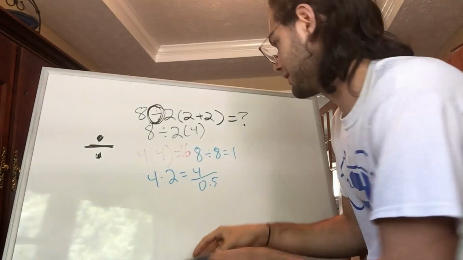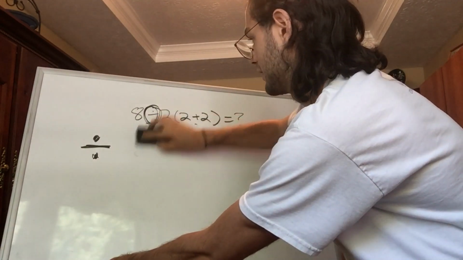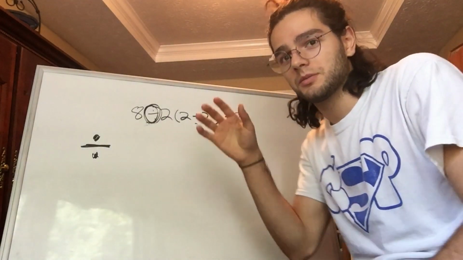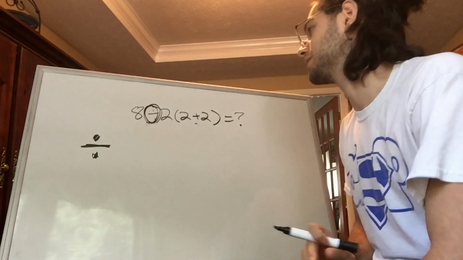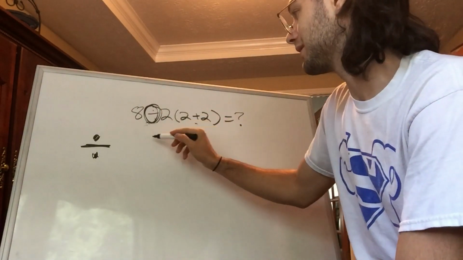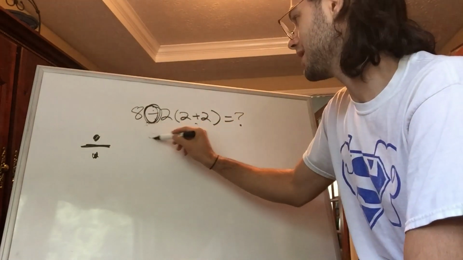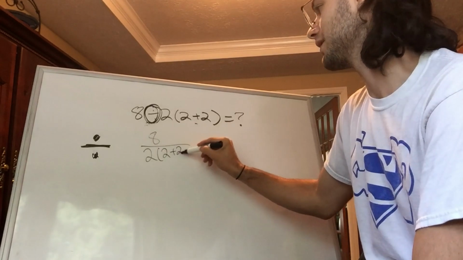All right, let me just illustrate it this way. If I erase this real quick, how would we rewrite this using fractions, right? We love fractions. Fractions are so cool and useful, unlike this symbol. So we could rewrite this expression up here as 8 divided by 2 times 2 plus 2 with everything underneath there.